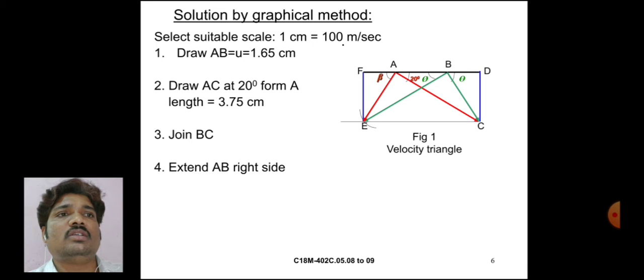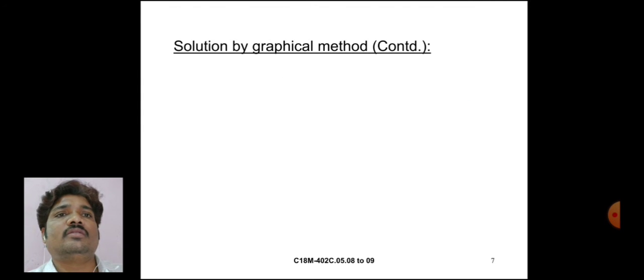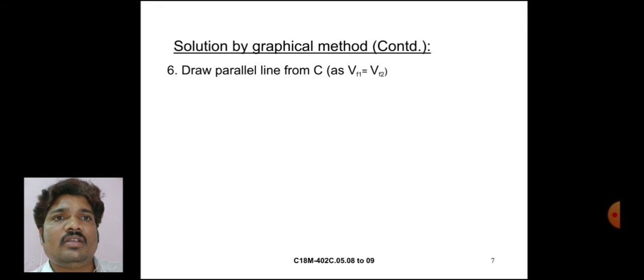Extend AB to the right side. Draw a vertical from C, and let it intersect at point D. Solution by graphical method, condition: draw a parallel line from C, as Vf1 is equal to Vf2.